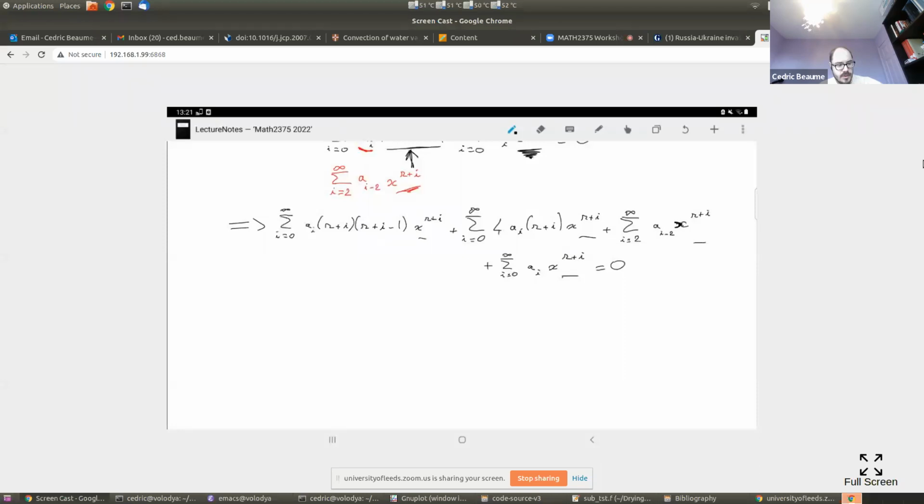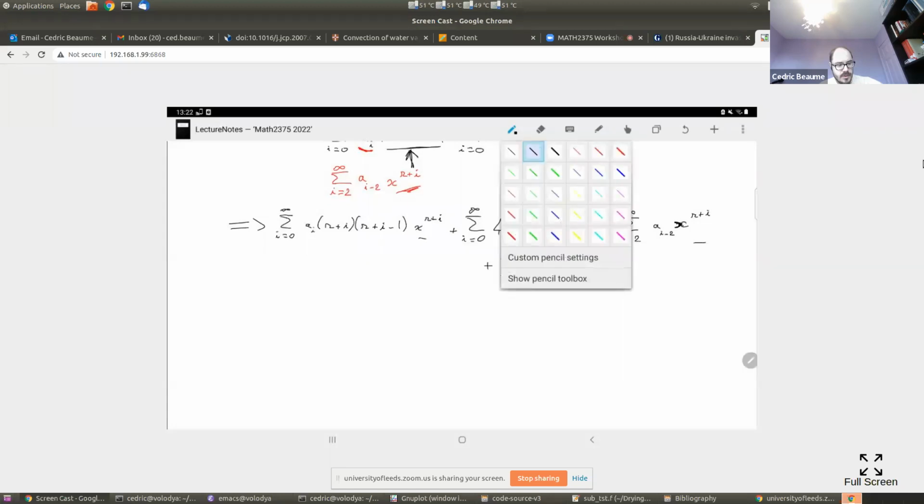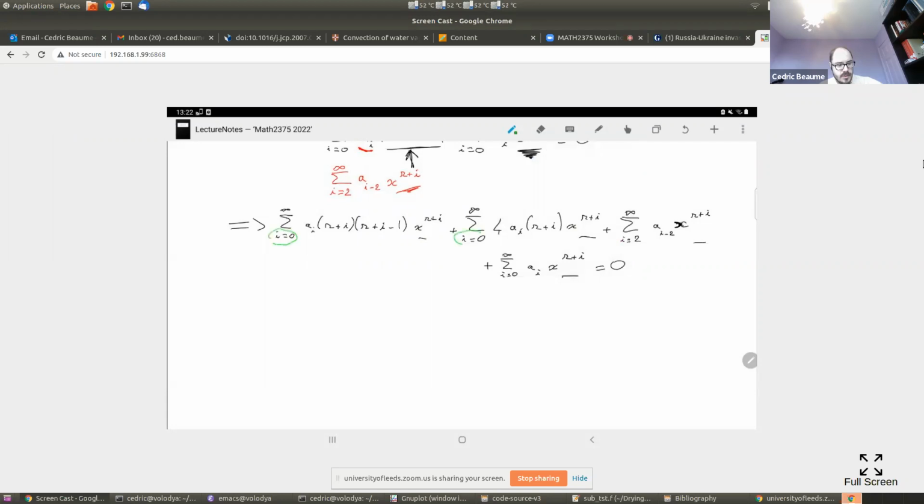Then we're going to be looking at x to the r plus 1, x to the r plus 2, x to the r plus 3, and potentially get a recurrence coming out of it. So what we can see here is 3 terms starting from i equals 0. Okay, so these 3 guys. And the 4th term, unfortunately or fortunately, depends on how you want to see this, starts from i equals 2.